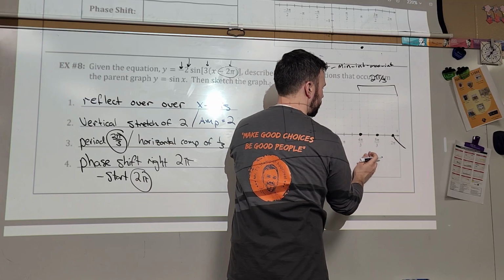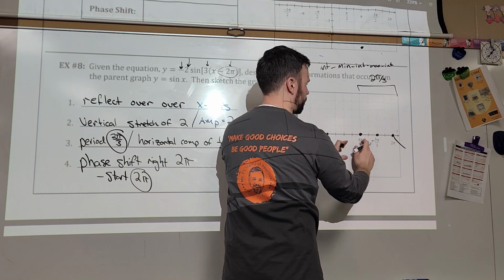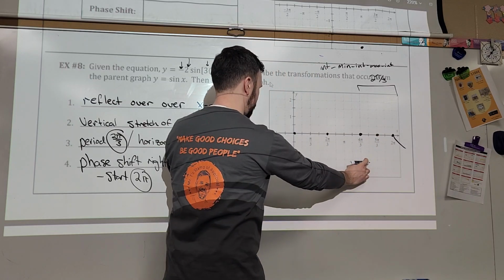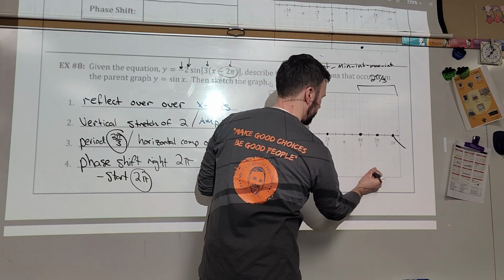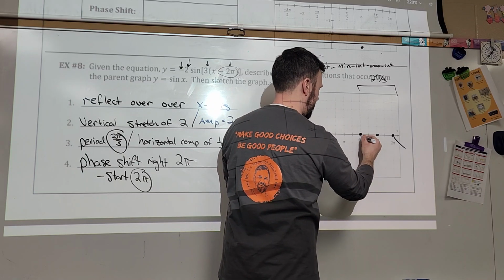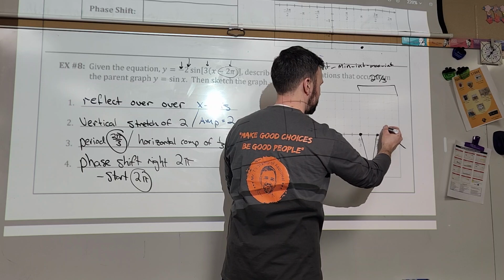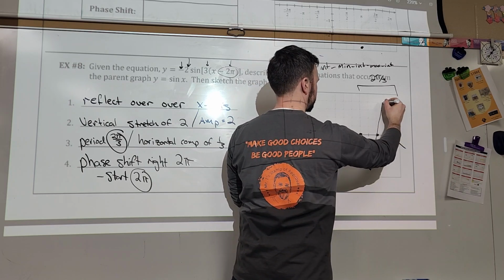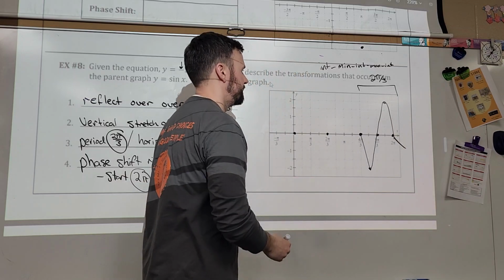From here, am I going to go down or am I going to go up from this one? Down, because it's negative. And what's my amplitude? 2. So I'm going to go down, oops, up, down, right?